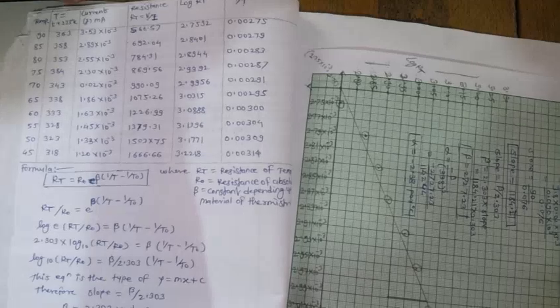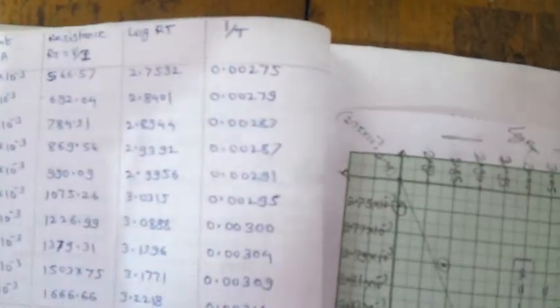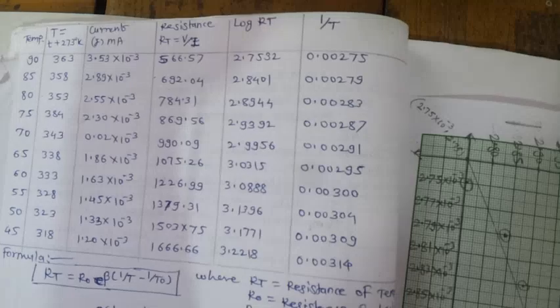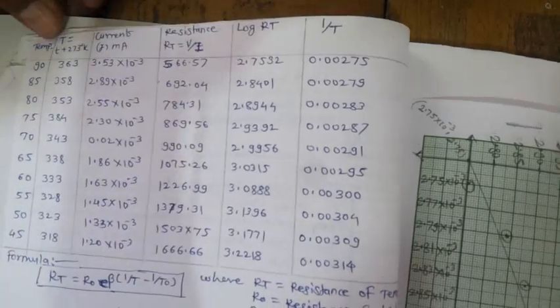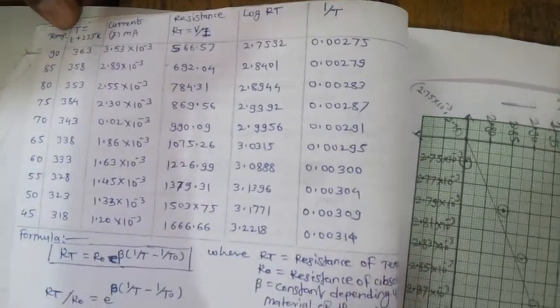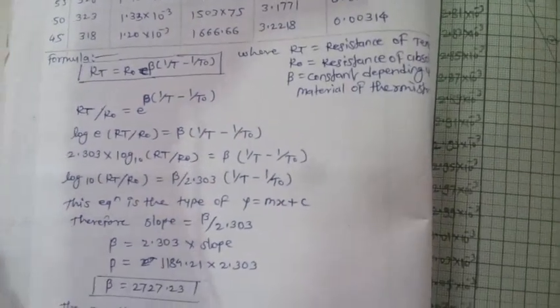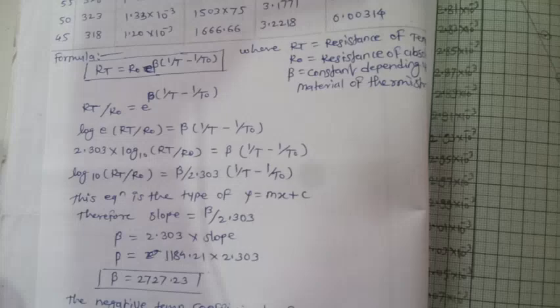The last column is 1 upon T, that is, 1 upon temperature in Kelvin. So we complete the observation table, then we take the calculation for the temperature coefficient.